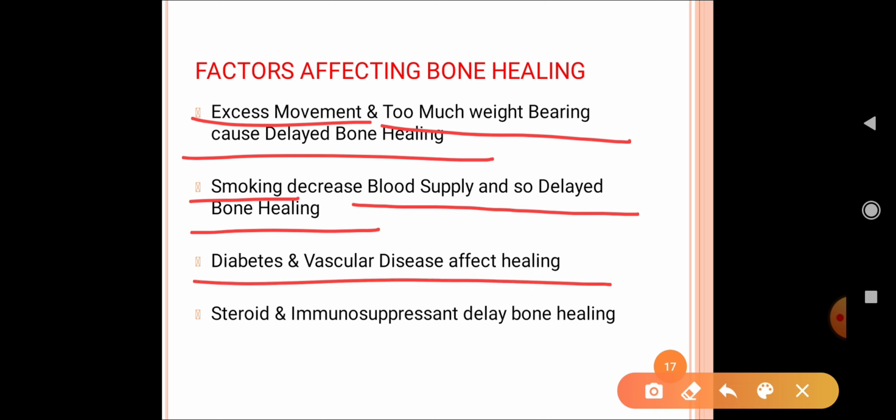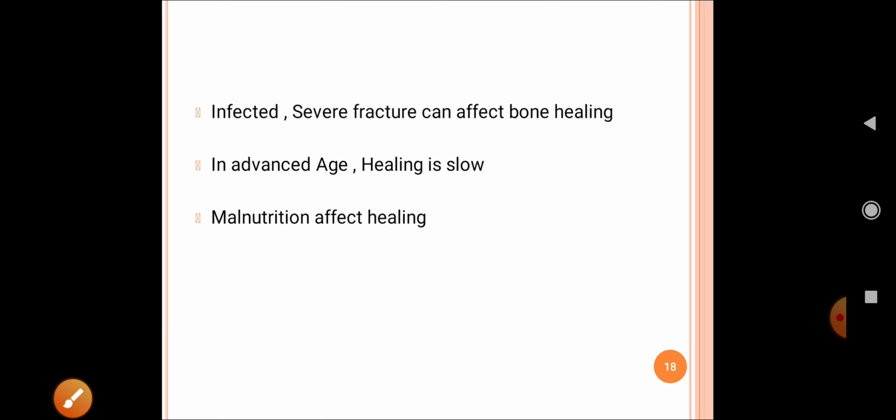Suppose you are having diabetes or you are having microangiopathy at the fractured site, then the blood supply is less, and so your healing will get delayed. Suppose you are taking any immunosuppressant drugs like steroids or some chemotherapeutic drugs, then your bone healing will get delayed. So the steroid and immunosuppressant will delay your bone healing.